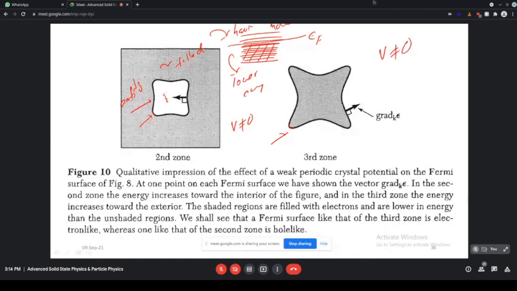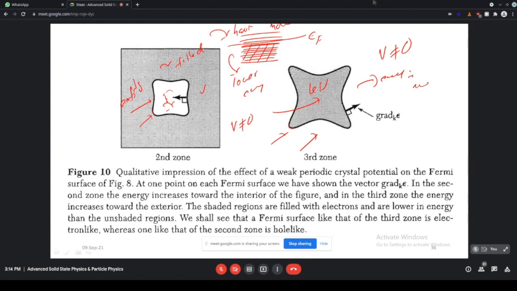Okay, and if you consider such a case, then the interior is having more energy, in the exterior outside the energy is less. Similarly here, energy is more, and inside these are the filled energy levels, energy is less.